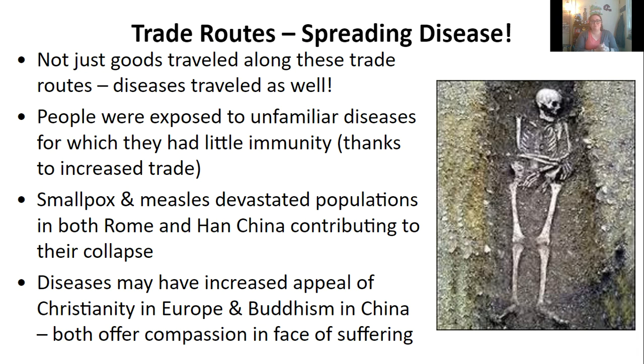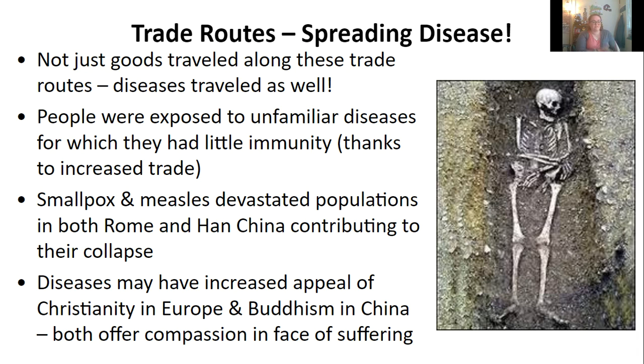So in Europe, you saw people who were exposed to the plague and the smallpox and measles. They started leaning on their faith a lot more because specifically in Europe, they didn't have a whole lot of medical advances. So they were relying on their faith to save them. So that increased the appeal of faith.